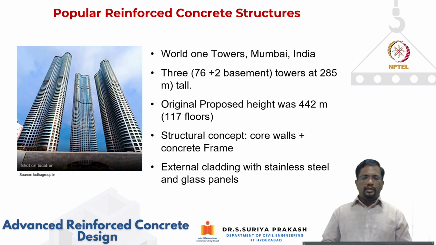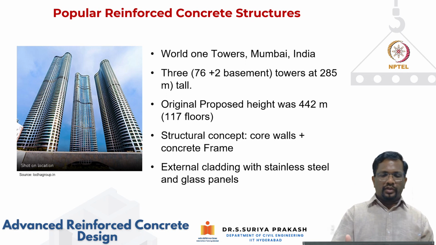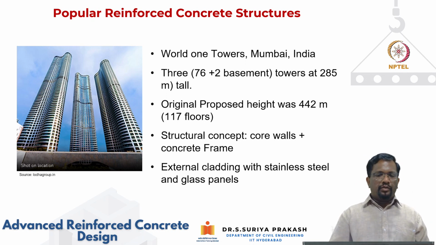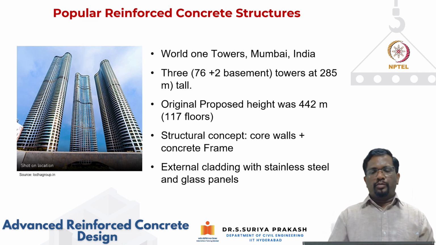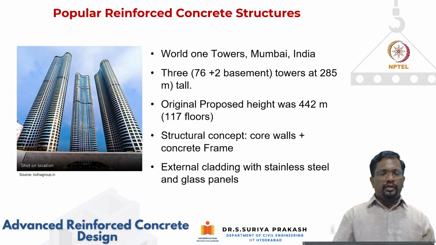This is the structure that is there in our own country in India, which is called World One Towers in Mumbai. Three towers were originally proposed, and they have 76 stories plus two basements. One of them is about 285 meters tall.